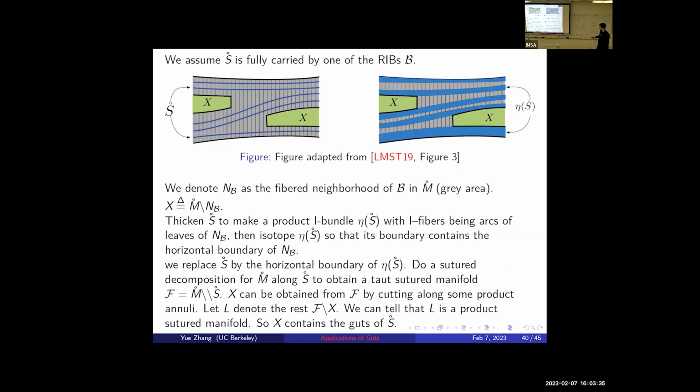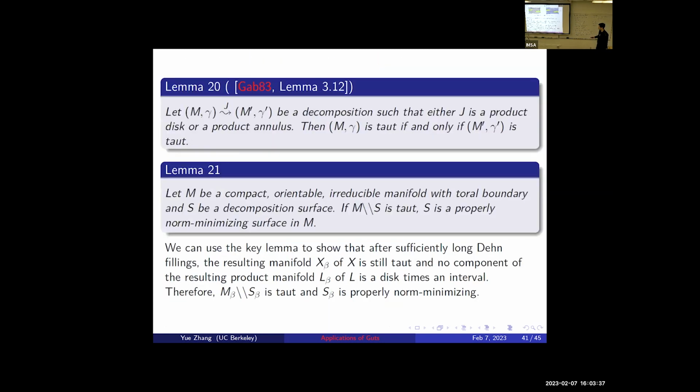So now we want to show two things. Let me say the lemma first. By a result, if you have a sutured decomposition from one sutured manifold to another, and the decomposition is along a product disk or a product annulus, then the original one is taut if and only if the new one is taut.